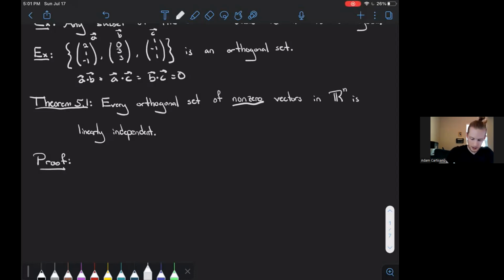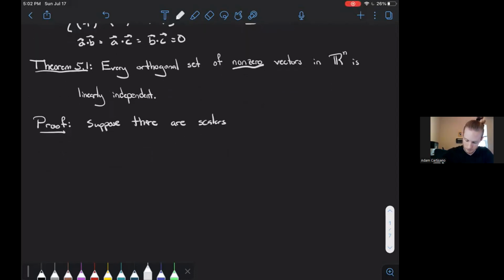Suppose there are scalars. This is not an assumption; we can always find scalars such that c1 v1 plus c2 v2 plus all the way up to ck vk equals 0.